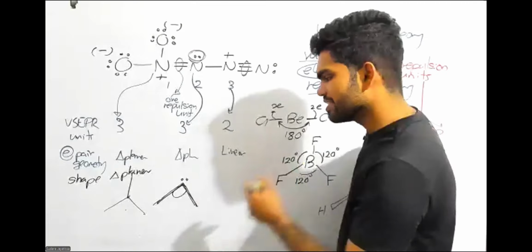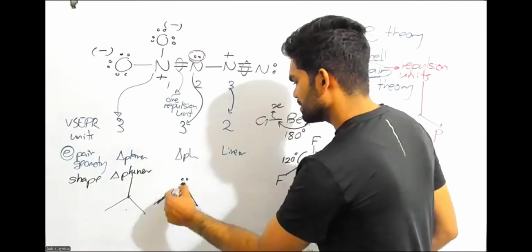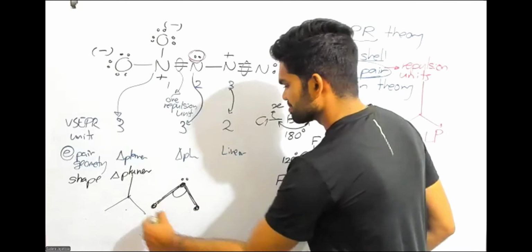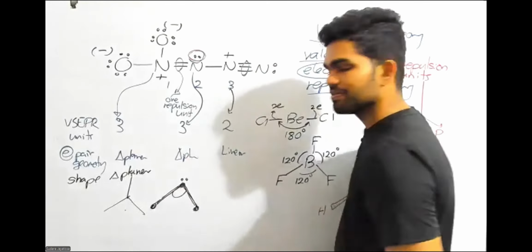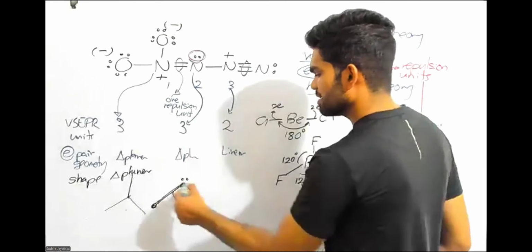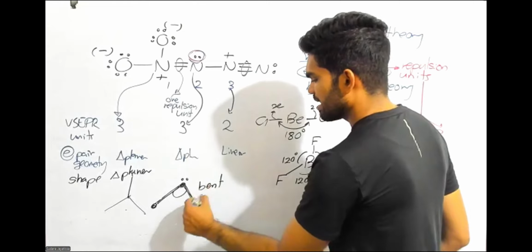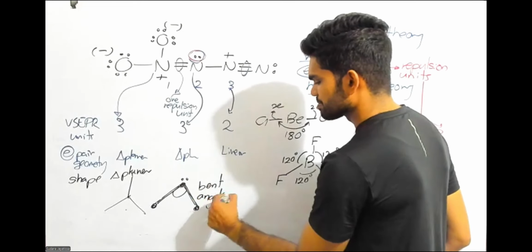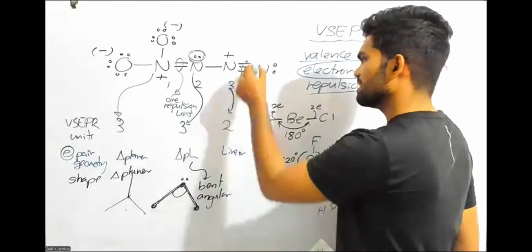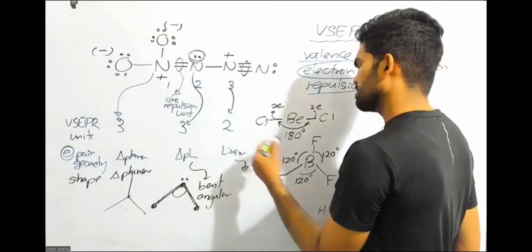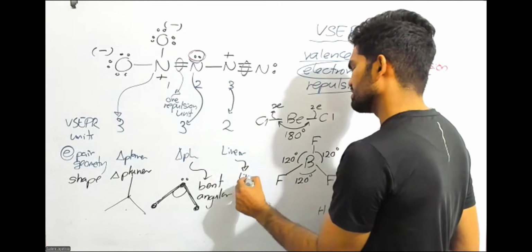We see the nuclei of these 3 elements. When you connect them, you have a bent shape, or we call it an angular shape. Here the shape and electron pair geometry are both linear.